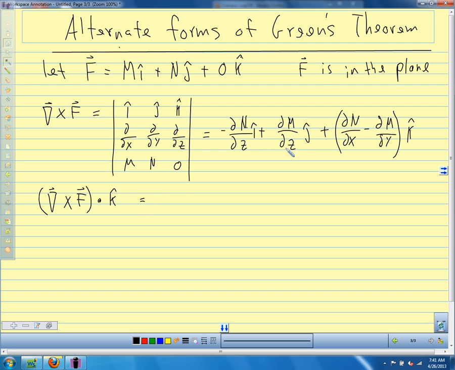When we do our dot product, these don't even come into play. So we take the dot product with the k hat vector, and we just end up with this quantity. So this is the vertical component of the curl.